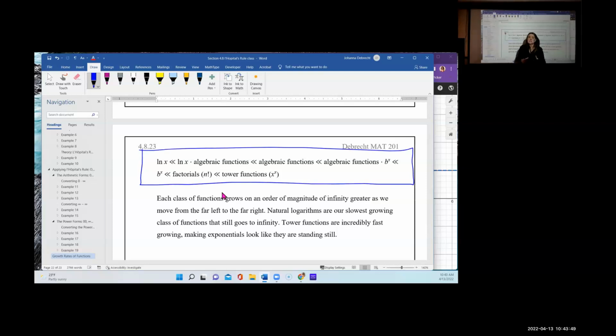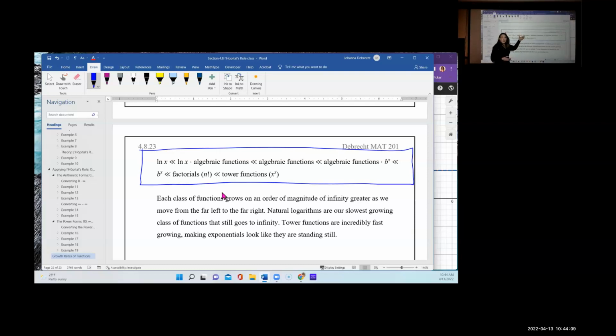So if you're trying to decide which type of function overpowers another, natural log grows slower than anything else, an order of magnitude slower than natural log times any algebraic function. Remember, algebraic is add, subtract, multiply, divide, raise to a power, and take radicals.